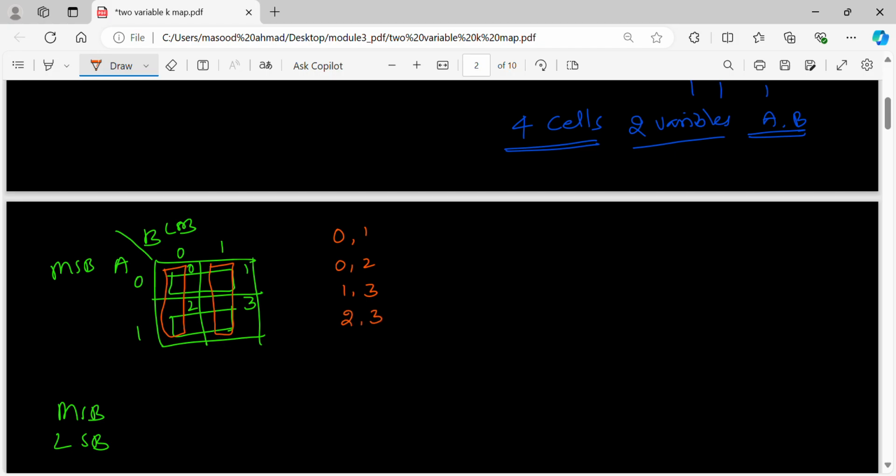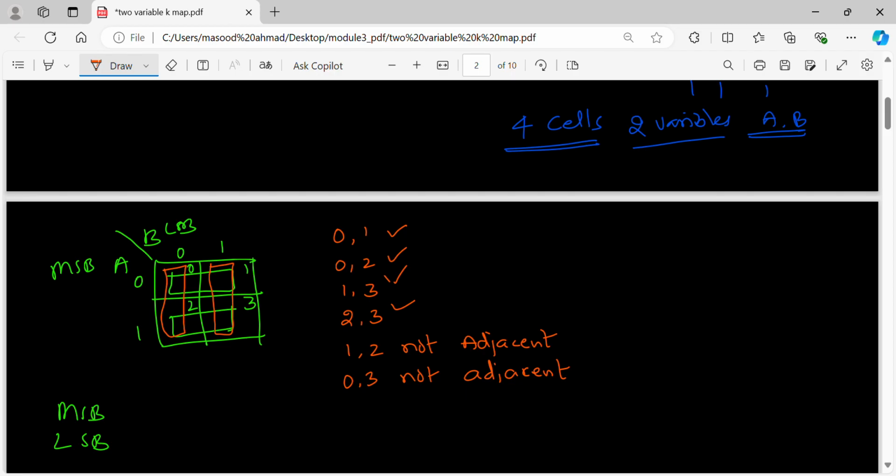These are the adjacent cells. Are 1 and 2 adjacent? No. If I take 1, 2, it is not adjacent. Similarly 0, 3 are not adjacent. Whenever cells are not adjacent, you are not supposed to combine. So you can combine 0, 1, you can combine 0, 2, you can combine 1, 3, you can combine 2, 3.